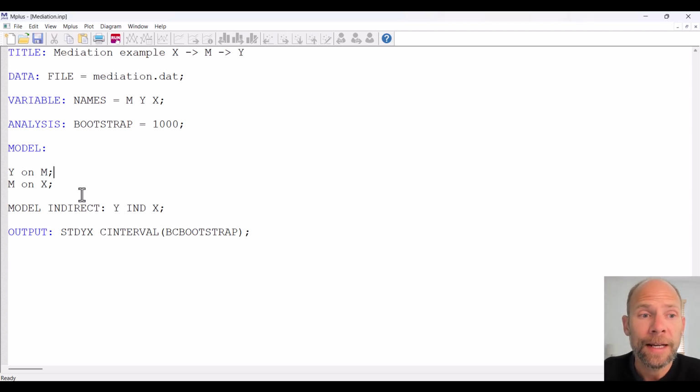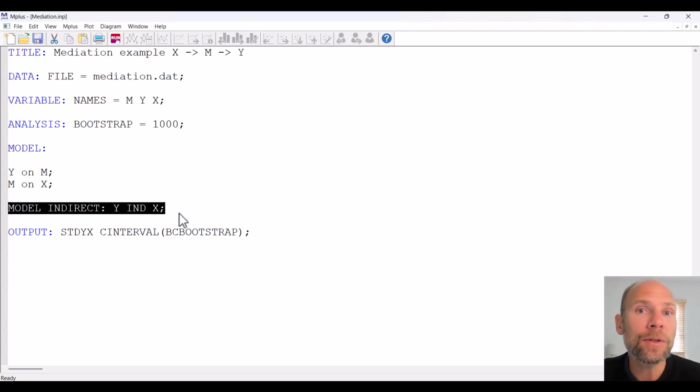Also notice that I included a model indirect subcommand here in the model statement where I typed y-index, and so that allows me to output all indirect effects from x to y.